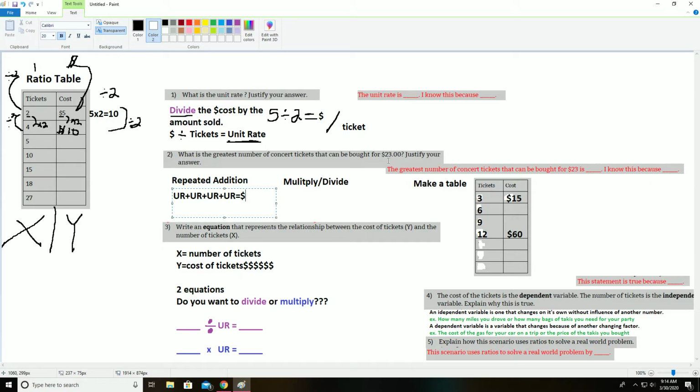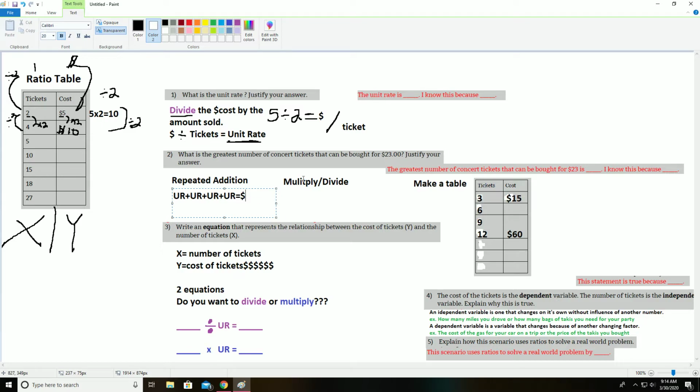If you can't, you're going to have to find the amount that's closest to 23 without going over, because let's say 15 tickets cost $24, and let's say 14 tickets cost $21.50.